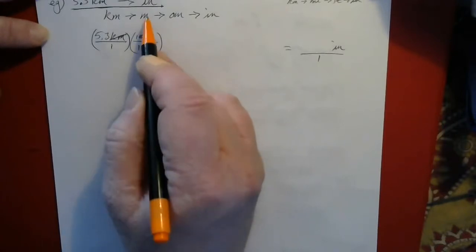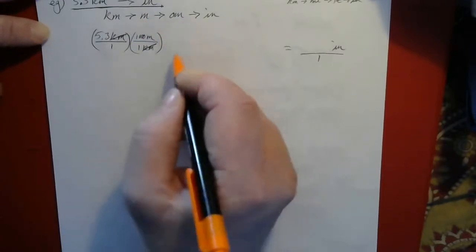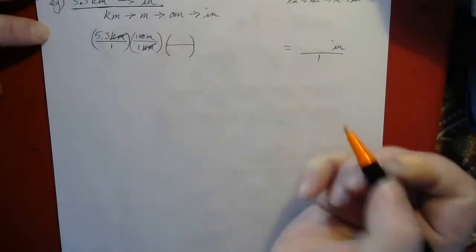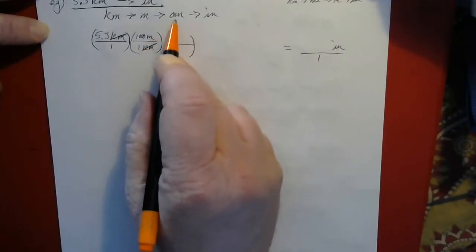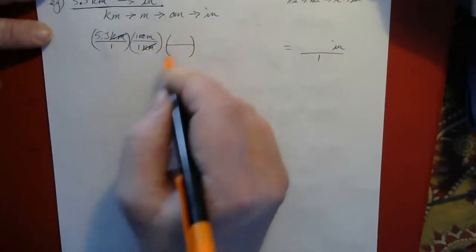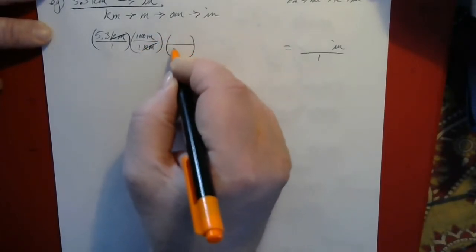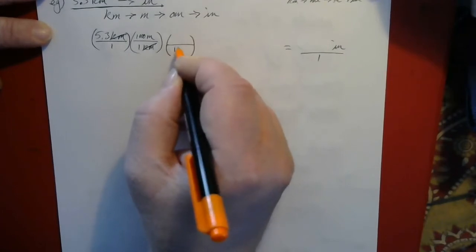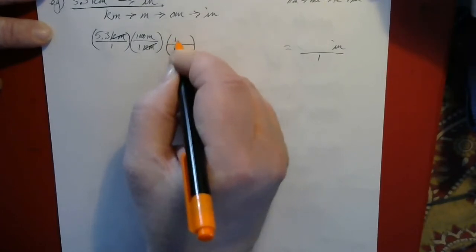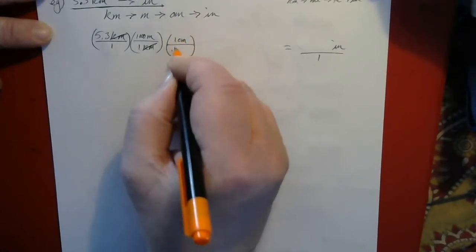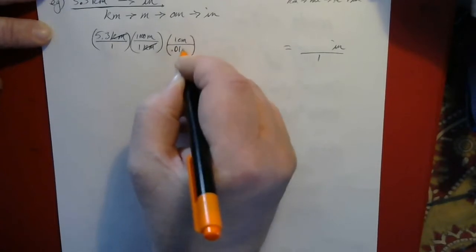So now we've got our number of meters. We want to move on to centimeters. Centi means 1/100th of something. So there's 1 centimeter for every 0.01 meters.